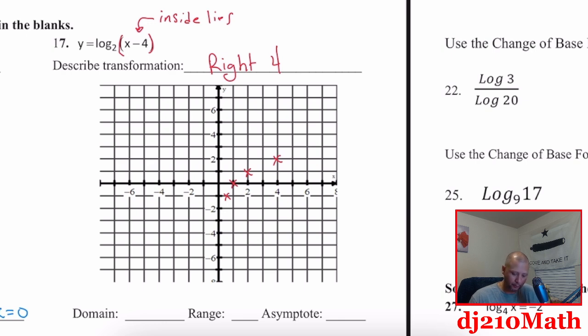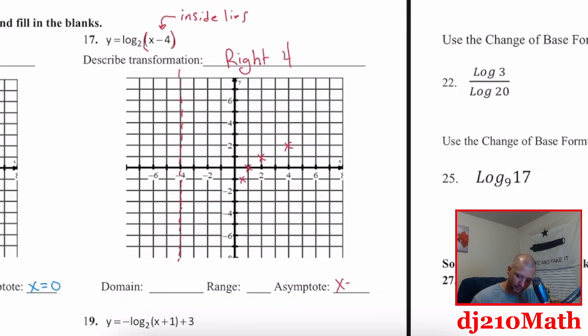All of these are going to move to the right. So basically the asymptote is going to move to the right. So any shift left and right moves the asymptote.